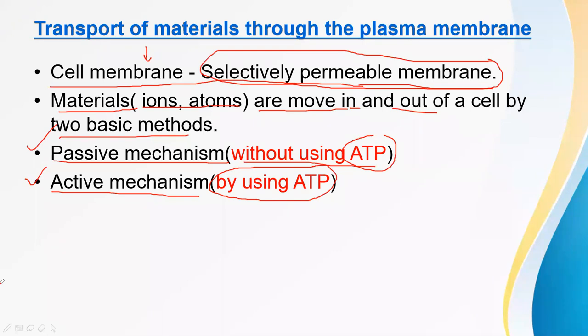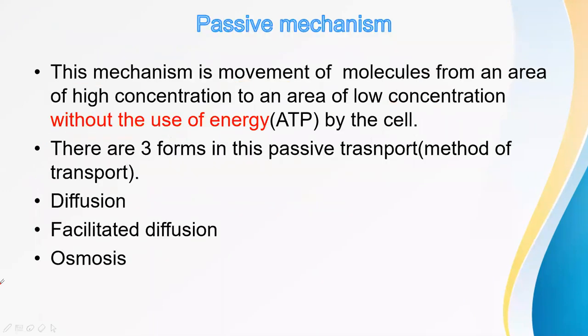Well, let's go to the passive mechanism. The first mechanism is the passive mechanism. You must remember this passive mechanism does not need any energy. This passive mechanism is the movement of molecules from an area of high concentration to an area of low concentration without use of energy by the cell.